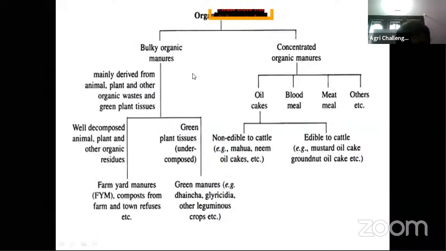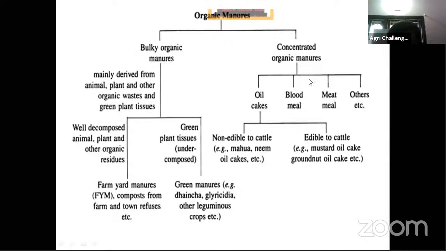Then coming to organic manures, what have we discussed? Different organic manures: bulky organic manures, made from animal, plant, and other organic waste and residues, well decomposed animal and other organic residues. That is FYM, farmyard manure, compost from farm and town refuse, and green plant residues, that is green manures, brown manure, dhaincha, gliricidia, and other leguminous crops like cowpea, green gram, black gram.